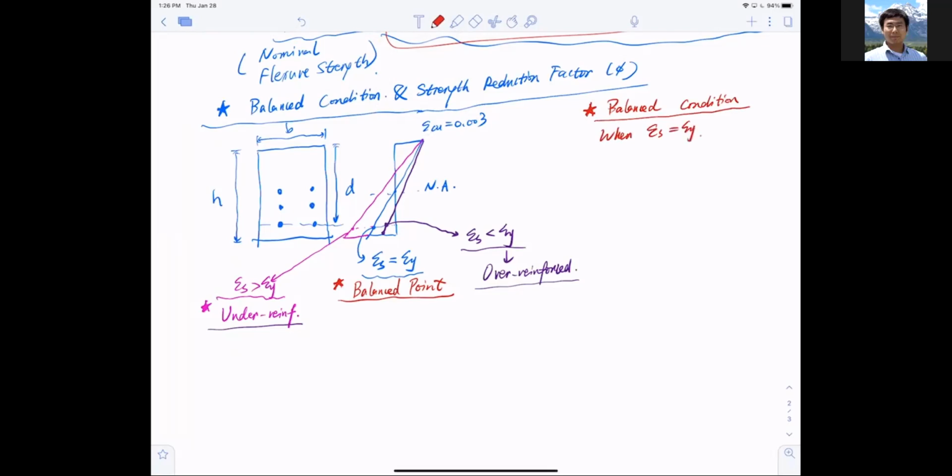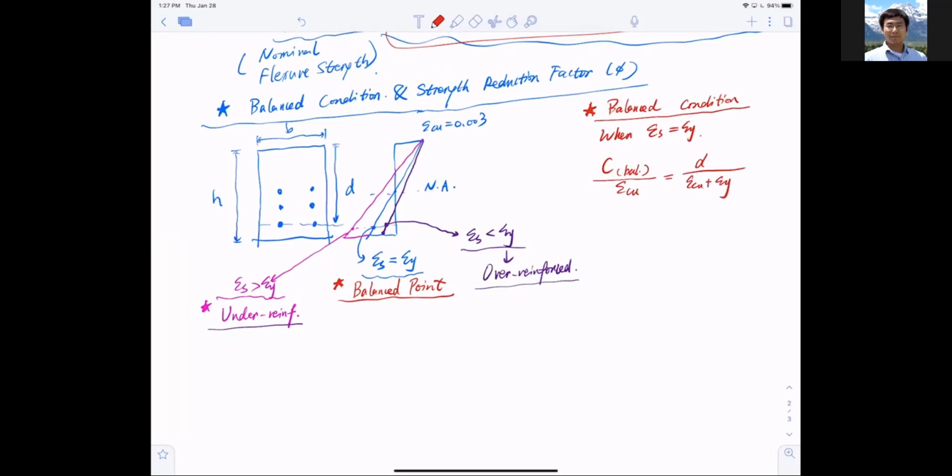When this happens, the actual balanced compressive zone divided by epsilon Cu should equal the depth divided by epsilon Cu plus epsilon y.